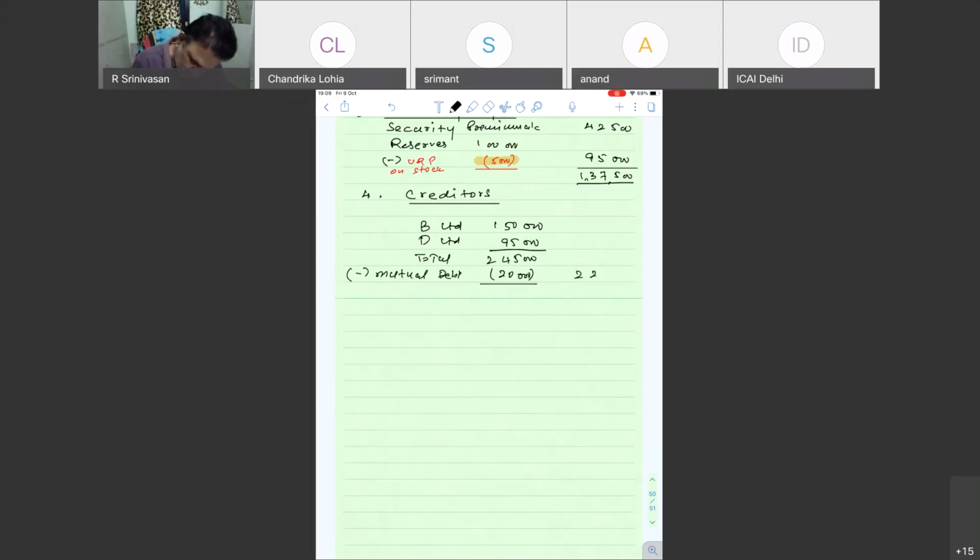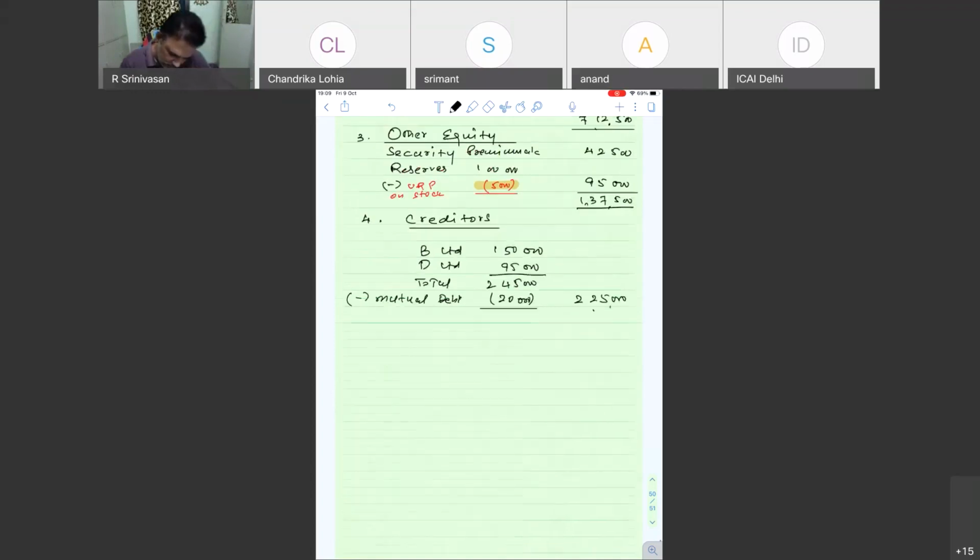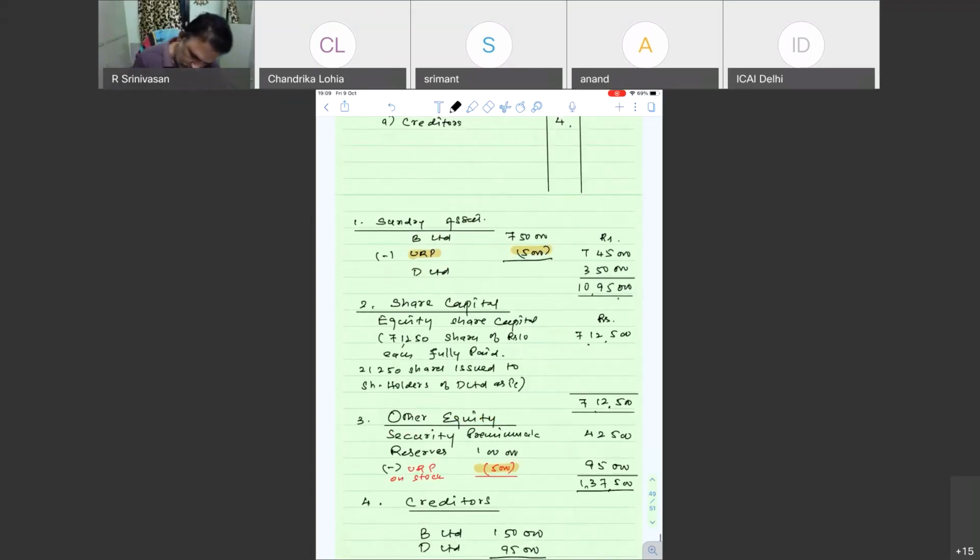So this is 2,45,000. Has the mutual debt been taken care of? That also we have to take care of.